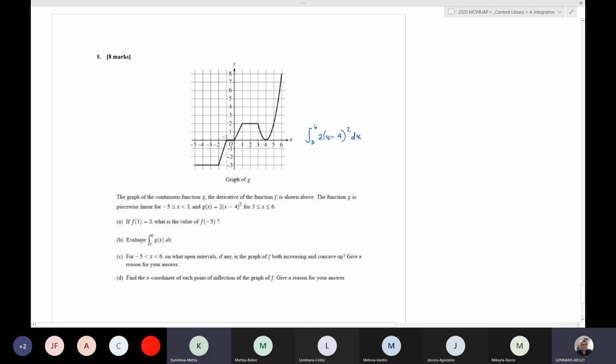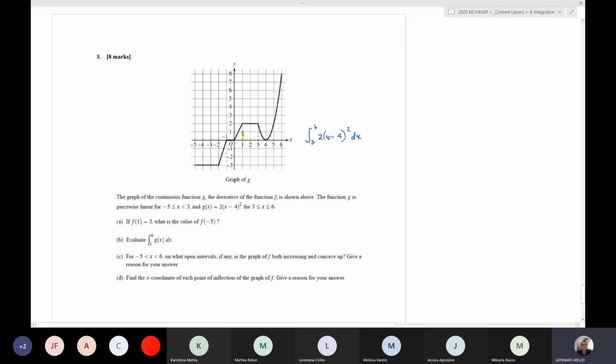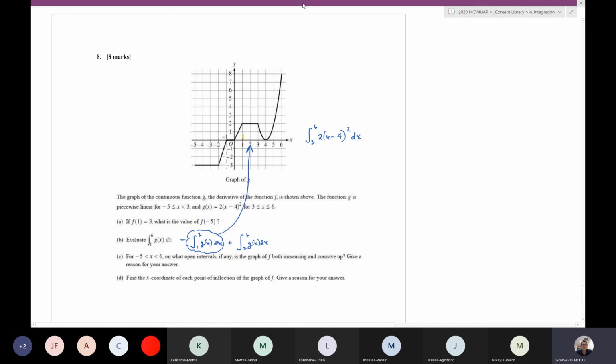Okay, part B asks you for the integral from 1 to 6. So you can write that like this. This is equal to the integral from 1 to 3 of g of x dx plus the integral from 3 to 6 of g of x dx. This integral right here is just this area here that I'm going to highlight.